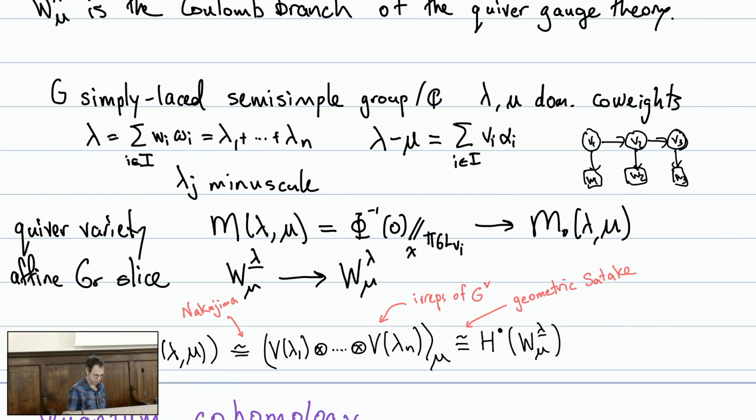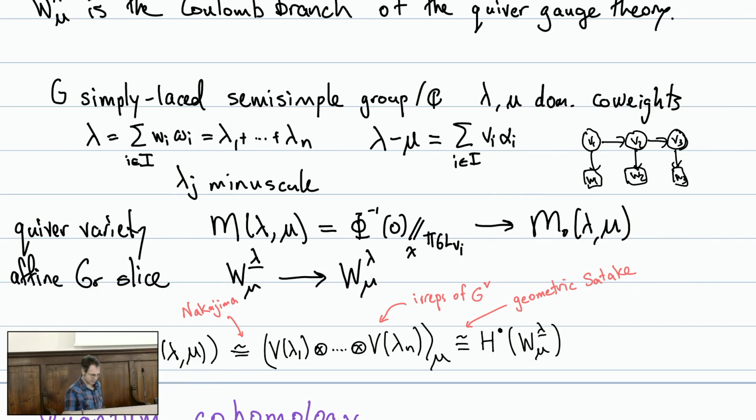So the group of the quiver gauge theory is the product of the GLs of the V's, and this underlying vector space is the Hom space of all these arrows here. Starting from this data, I can form the quiver variety, which I call M lambda mu. So I'm changing notation a little bit from M VW to M lambda mu.